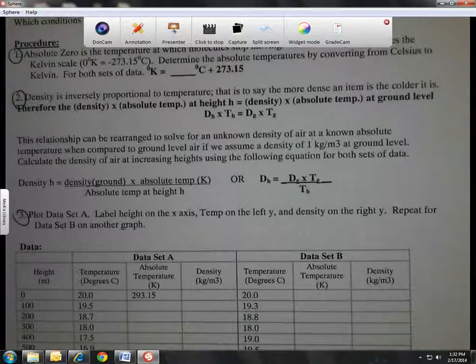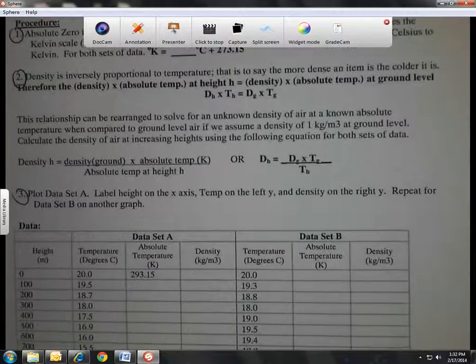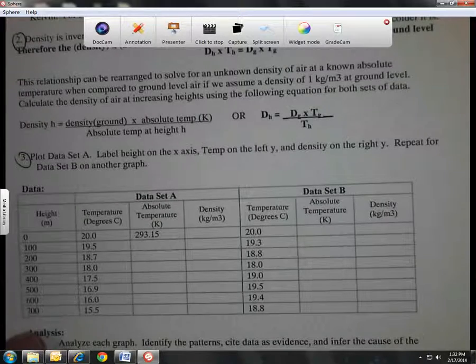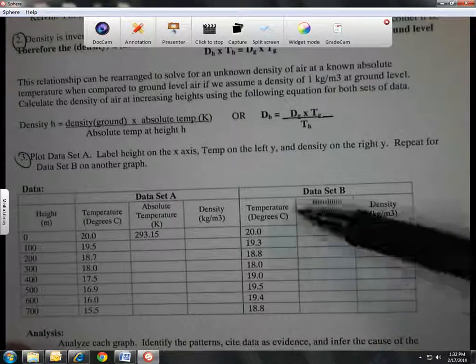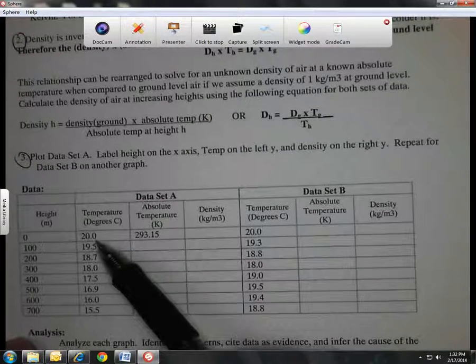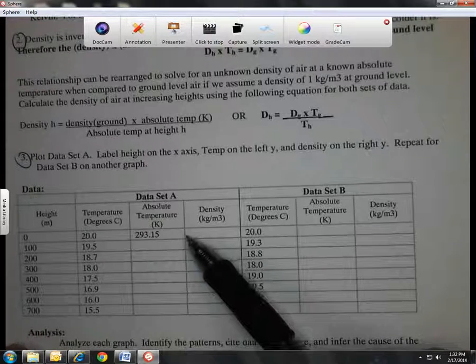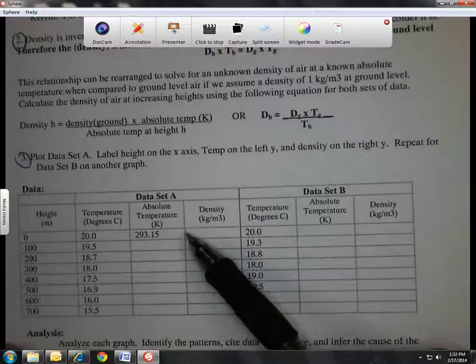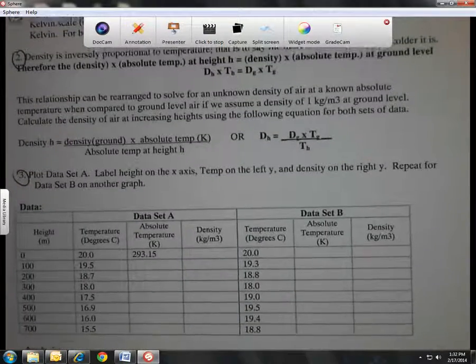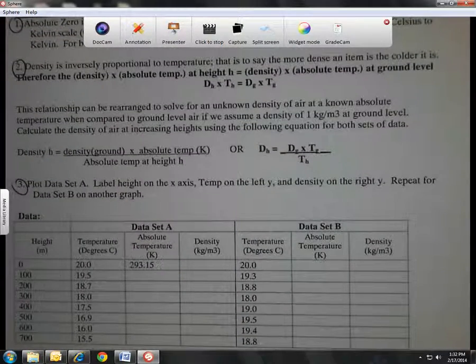So if you look, what we're doing is we took 20 and we added 273.15, and that gave us 293.15. Now to get the density of this particular air at a given height, we look at our formula up here for procedure 2. I'll write this on another sheet of paper so you can see.